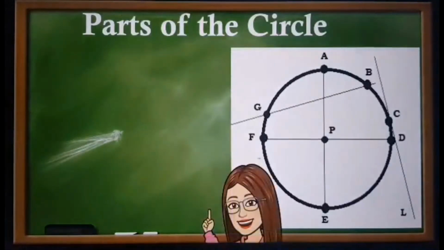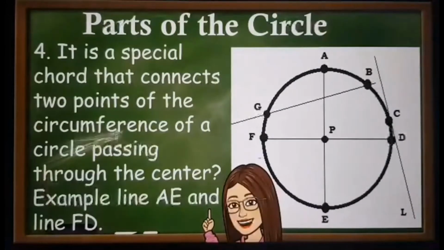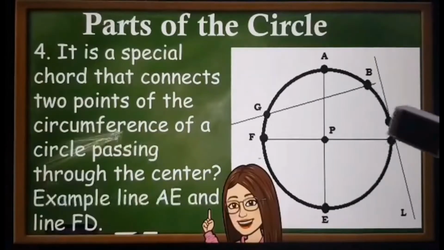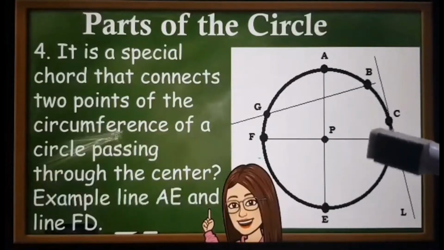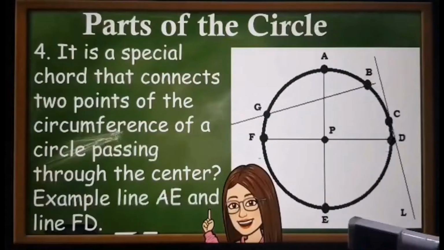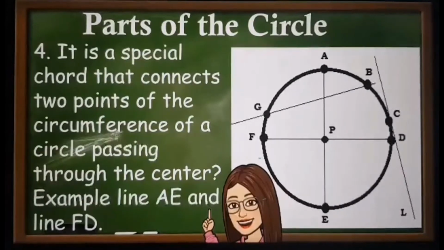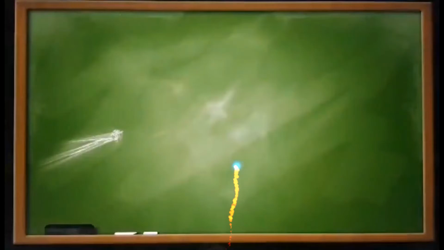Now, on the same illustration, it is a special chord that connects 2 points on the circumference of a circle passing through the center. For example, line AE and line FD. What is this? Great!